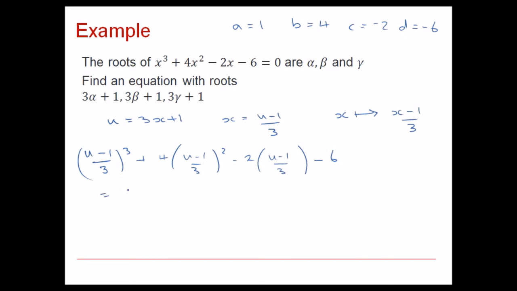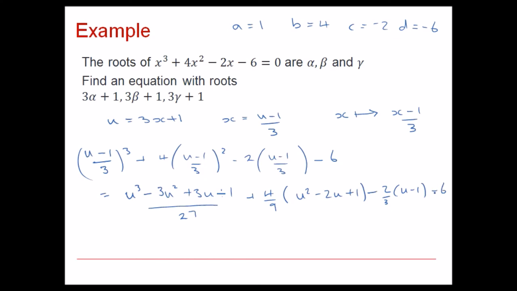which, if I use either binomial or Pascal's triangle to expand, would give me u cubed minus 3u squared plus 3u plus 1 all over 27, plus 4 over 9 times u squared minus 2u plus 1, minus 2 over 3 of u minus 1, minus 6.